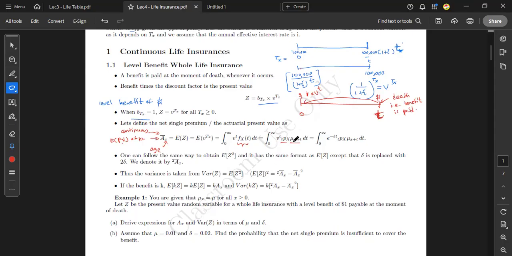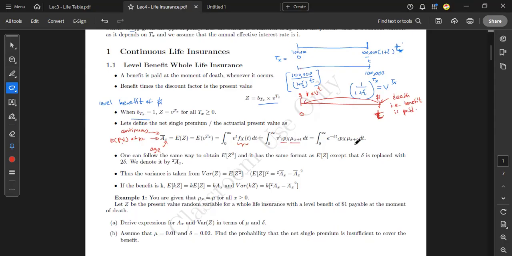Actually, it's sufficient to know the force of mortality, because if we know the force of mortality, we know how to find this survival probability, which is integrating the force of mortality from 0 to t and getting the exponent or the negative exponent of that integral value. So we get the density function from there and multiply it from here and integrate it.